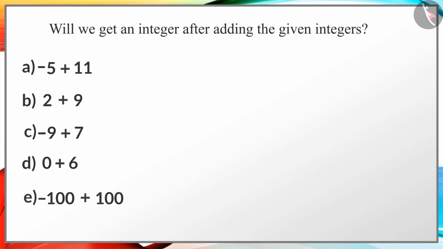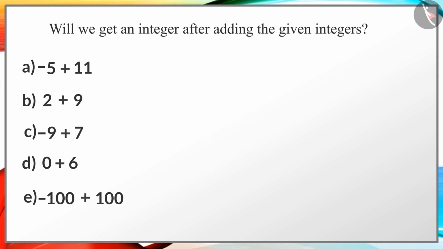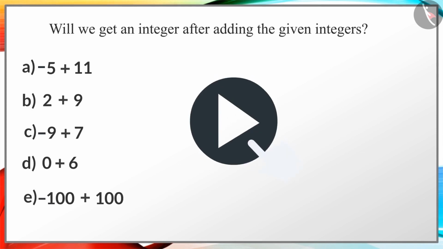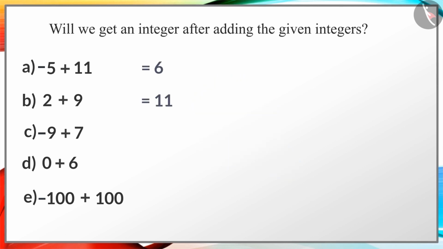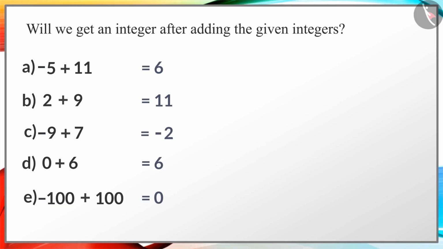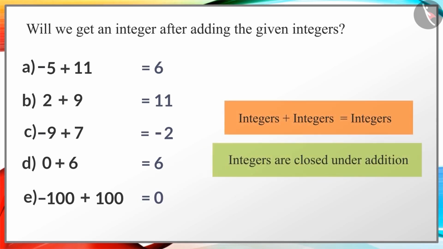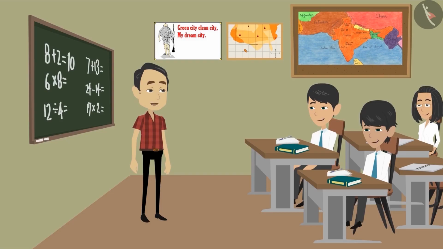You can pause the video and try. Children, what can we say about the closure property of integers? Sir, integers are closed under addition because every time we add two integers, we will get another integer. Well done, Mohan. Are rational numbers closed under addition?